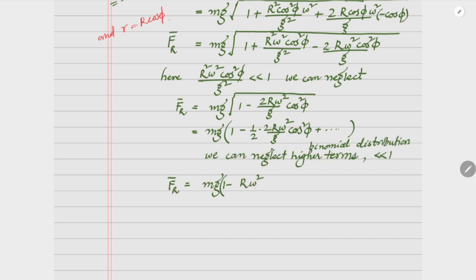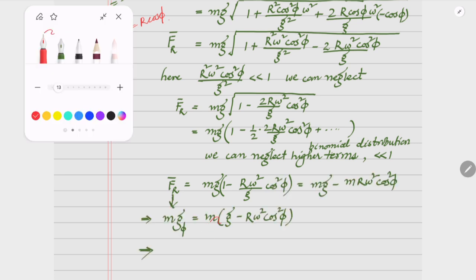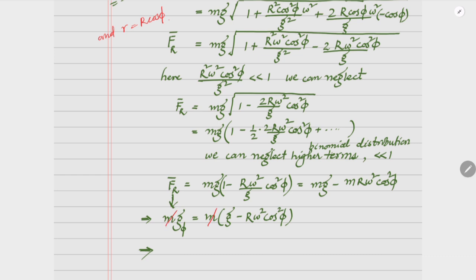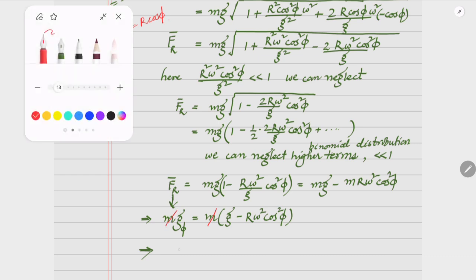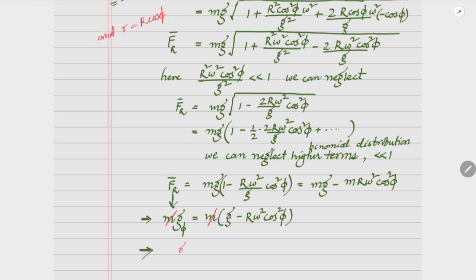Now the net force is mg, open bracket, 1 minus r omega square cos square phi by g. The m gets cancelled, so g minus r omega square cos square phi is the effective acceleration due to gravity at a latitude having angle phi. That is the end of the derivation.